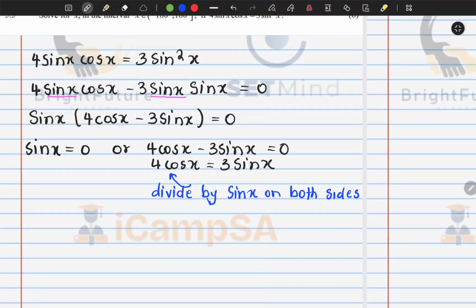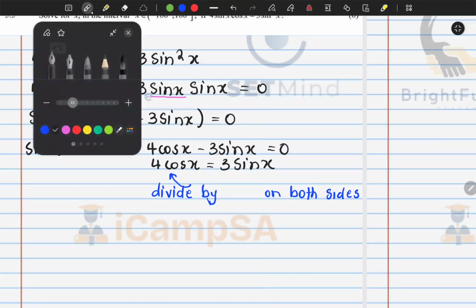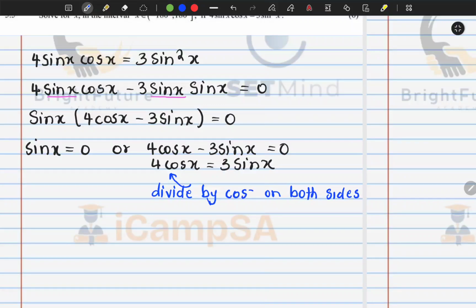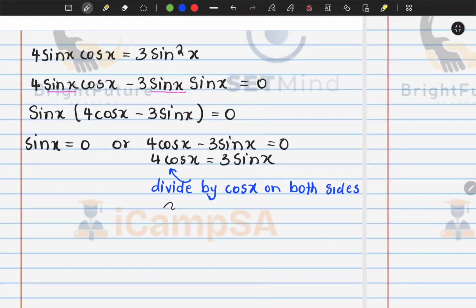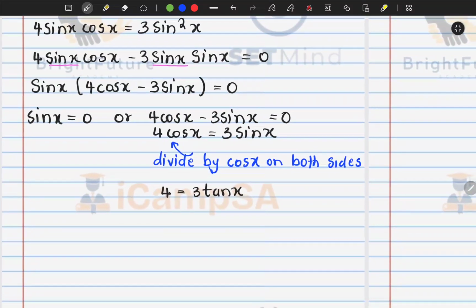If we do that, in fact, we should divide not by sine, but by cos, so that we can make it a tan. So divide by cos x on both sides. If you divide by cos x, you will see that we'll end up having 4 equals 3 tan of x.